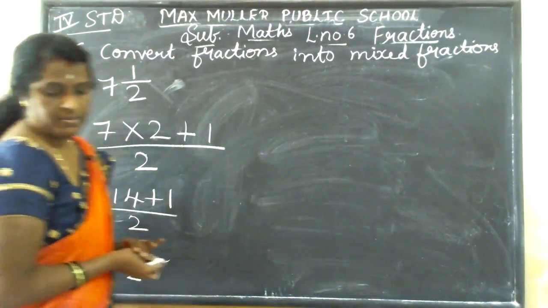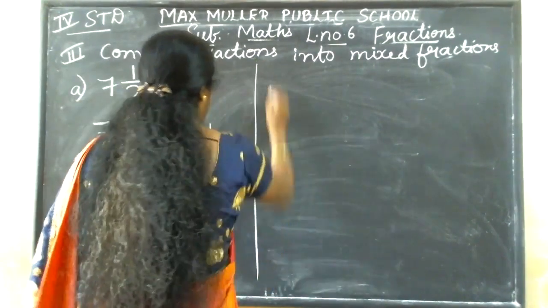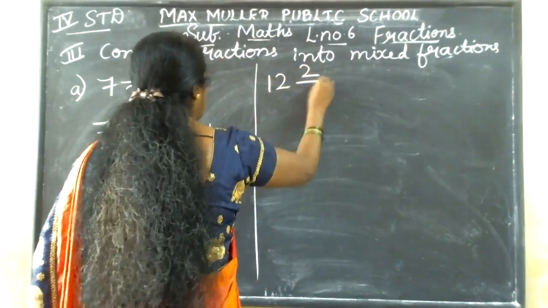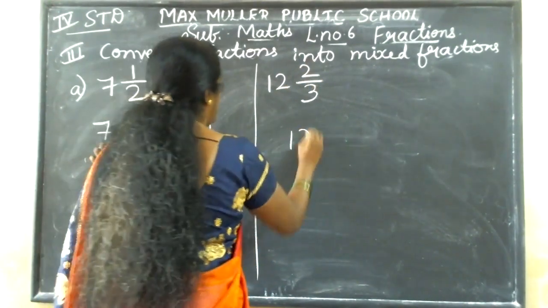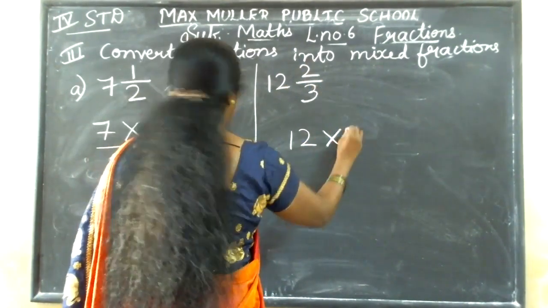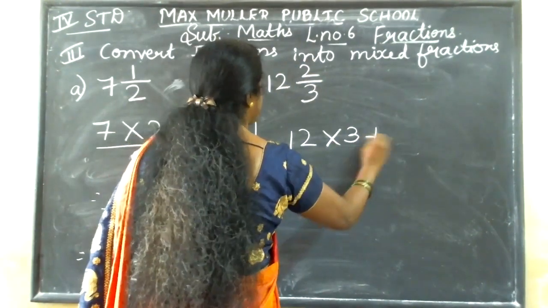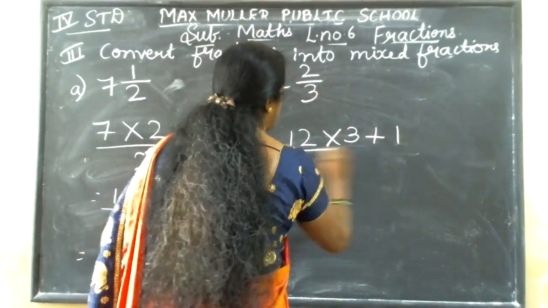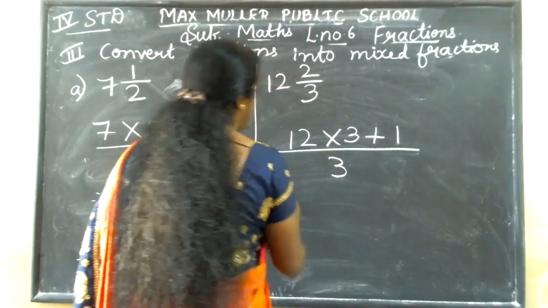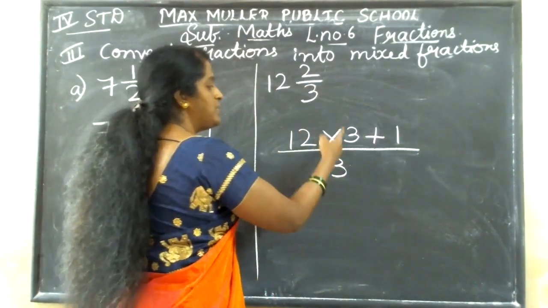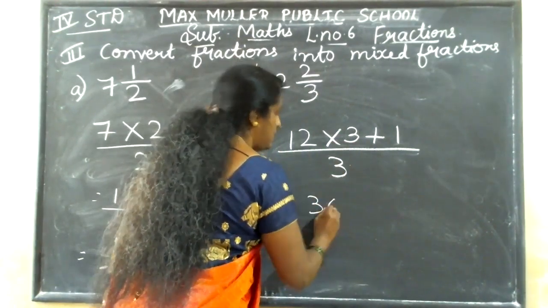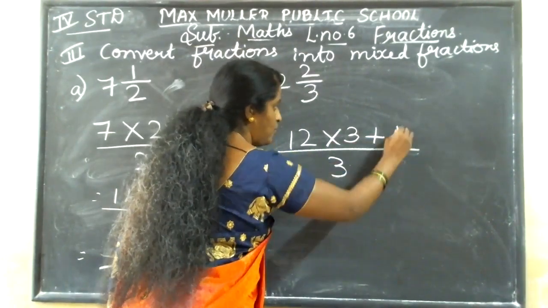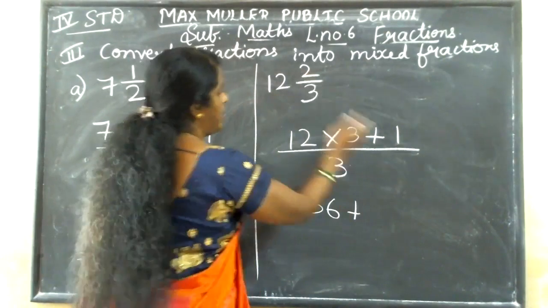A second sum. 12, 2 by 3. So what should you do? 12 into denominator plus numerator. Denominator will be the same. 12 ones are 12, 12 twos are 24, 12 threes are 36. You can write tables there. Plus... no, remainder is 2.